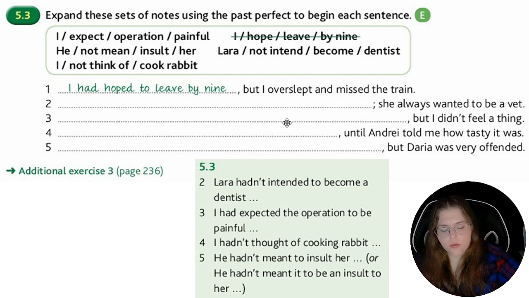I hadn't thought of it before this moment in the past when he told me how tasty it was. Then, he hadn't meant to insult her, but Darina was very offended. He hadn't meant it before this moment when she was offended.